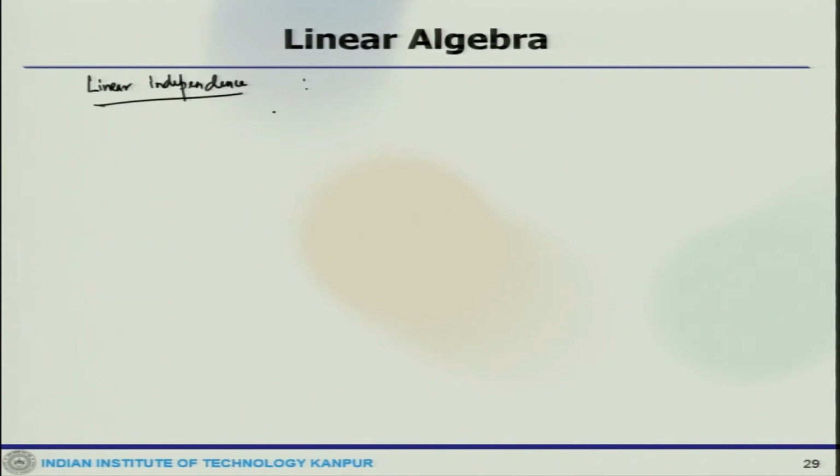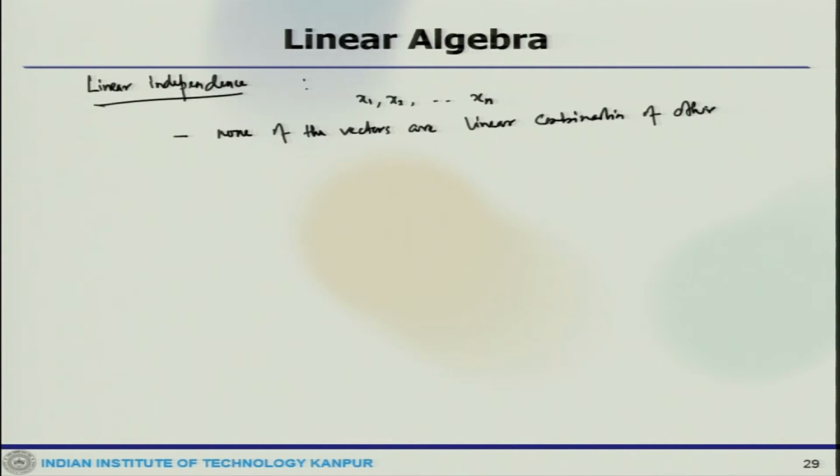Let us say there is a set of vectors x1, x2 to xn, and none of the vectors is a linear combination of the others, not necessarily all of the others.